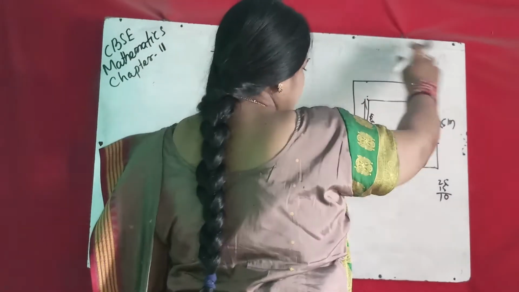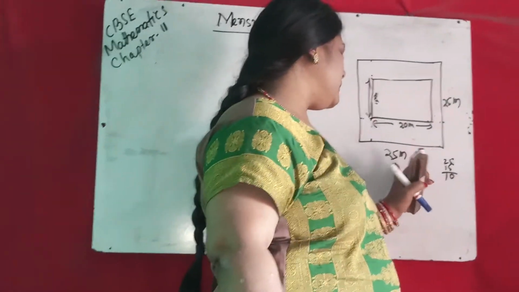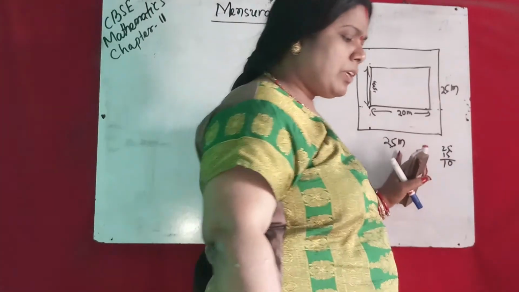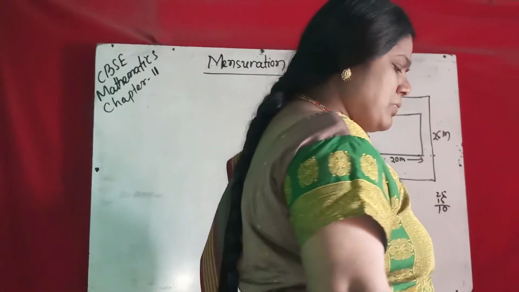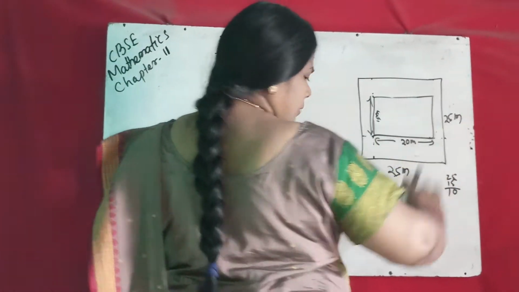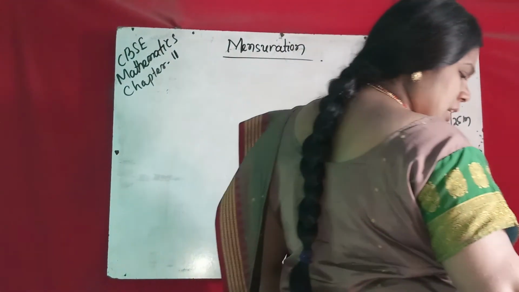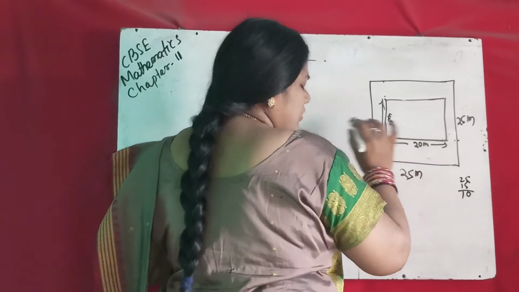Second question. Mr. Kaushik has a square plot whose side is 25 meter. He wants to construct a house in the middle of the plot, with length 20 meter and breadth 15 meter.